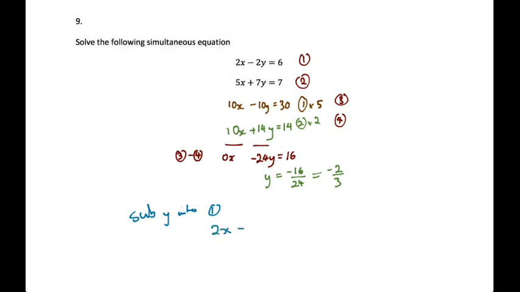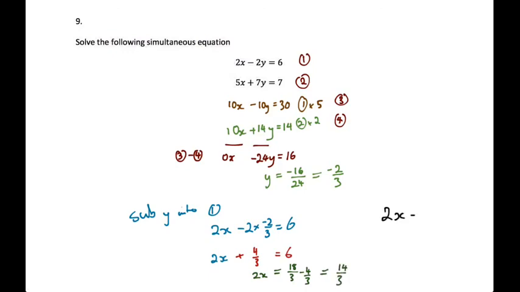So we can write 2x minus 2 lots of y, and y is negative 2/3, so it's negative 2 lots of negative 2/3, and that's equal to 6. So negative 2 times negative 2/3, well, that's going to be 4/3. Okay. Then we might take away 4/3 from both sides. So this is going to be 6 is 18/3, and 18/3 take away 4/3 is going to be 14/3.